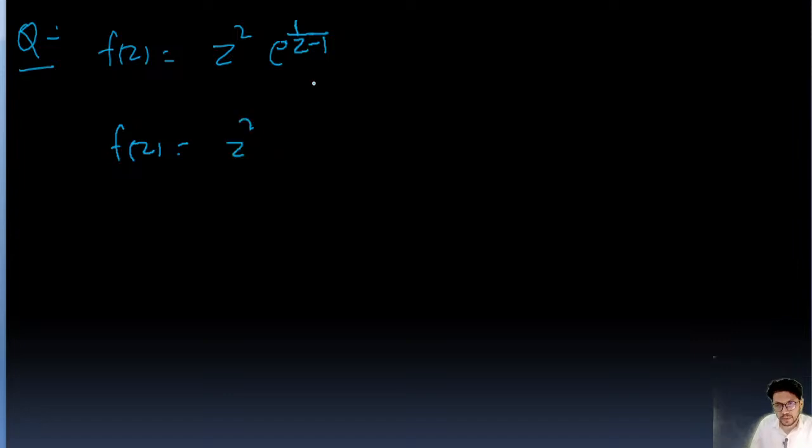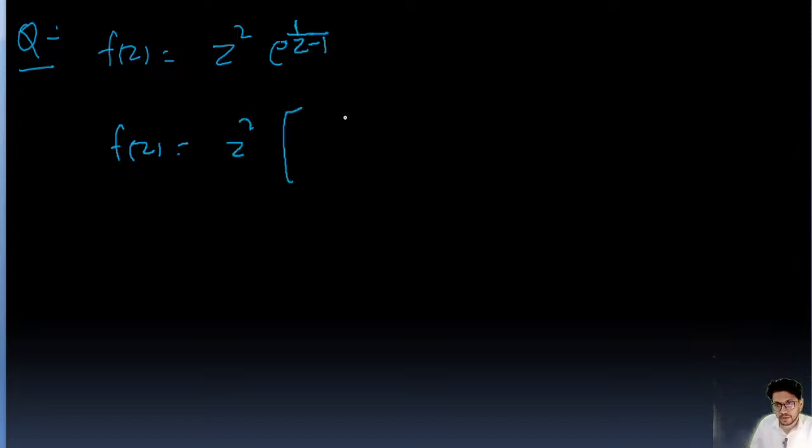The next question: the function f(z) is given, z square e to the power 1 upon z minus 1. Okay, so this is the function, and we'll solve it. So this is going to be z square, and we'll expand it.